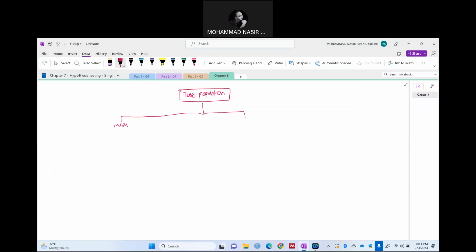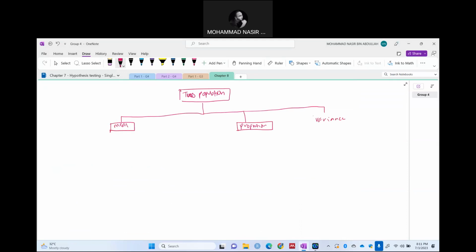Another one is test about proportion. There is another case where we look into test about variance, but we're not going to discuss it in this chapter, in this subject. So we're going to look into two conditions, test about mean and test about proportion.